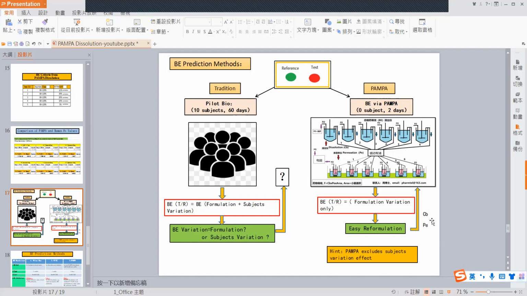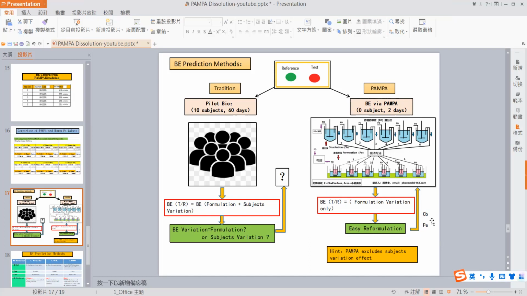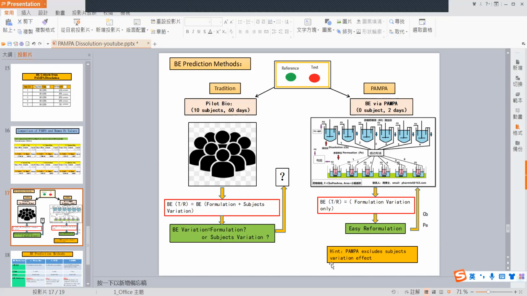So you can easily compare these two formulation differences, rely on the data, and make changes to the formulation easily. That's why it says here the PAMPA excludes the subject variation effect. Therefore, you can do your formulation easily in your laboratory. That will save lots of time and reduce your risk, so your passing rate will be a lot higher.